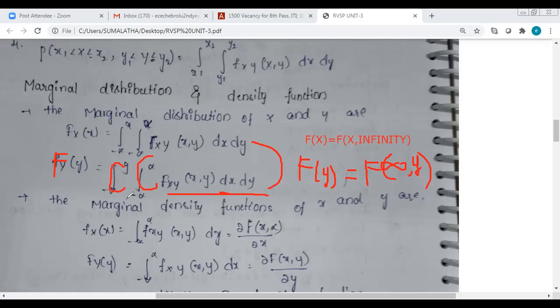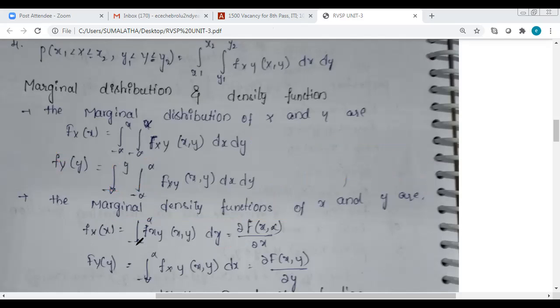So here for the marginal density function, small fx of x is equal to, here we integrate only with respect to y, integration from minus infinity to infinity of small fxy of x comma y dy, equal to dou F of x comma infinity by dou x.